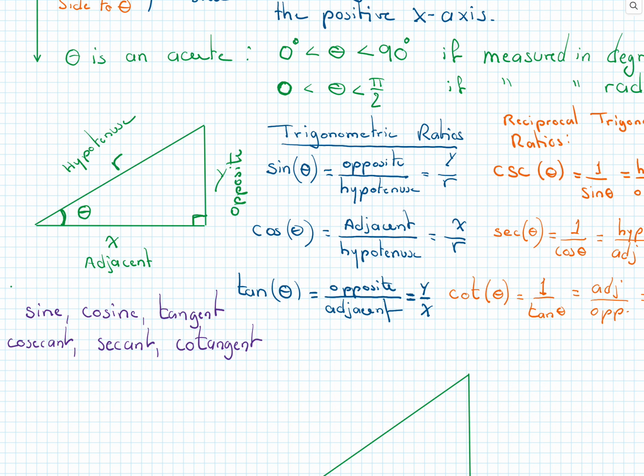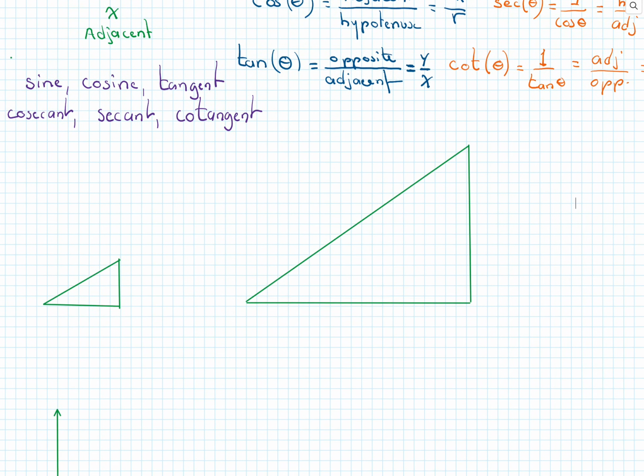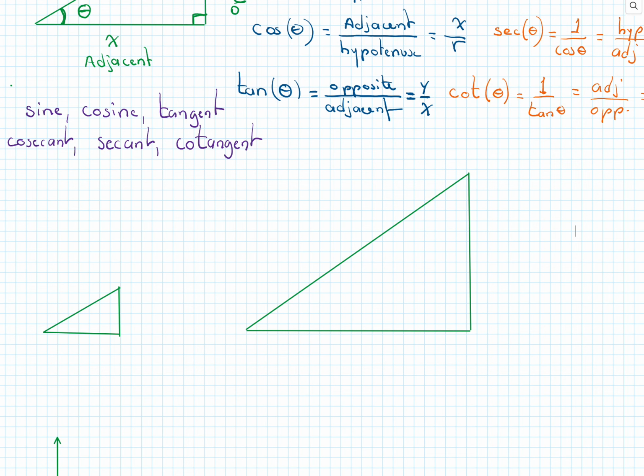We're looking at right triangle trigonometry here. So we have a right triangle, and then we have an acute angle, theta. And so those 6 trig ratios really depend on that acute angle theta, not on the side of the legs and the hypotenuse. And to illustrate, I drew 2 similar triangles.